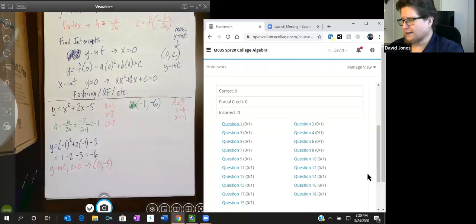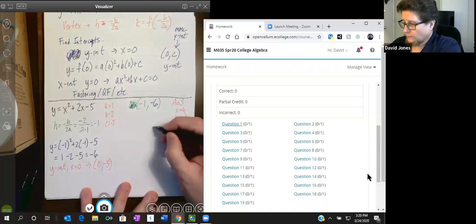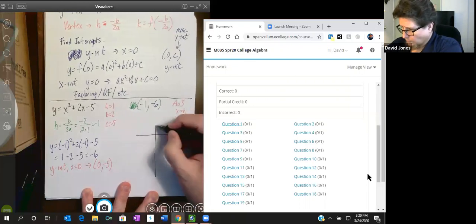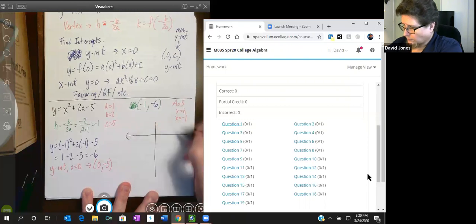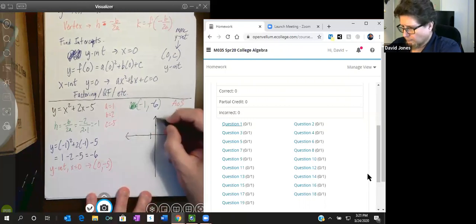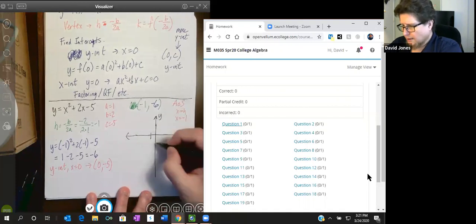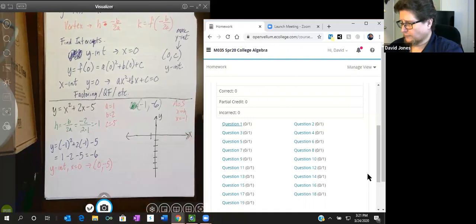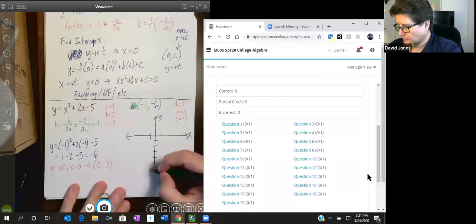Let's see if we've got enough to make our graph already. That's negative 1, down 6, is down here.